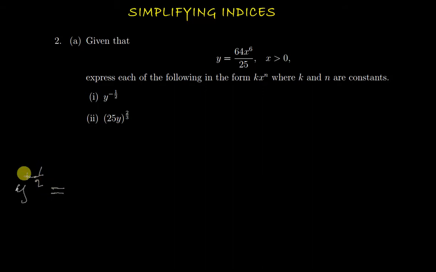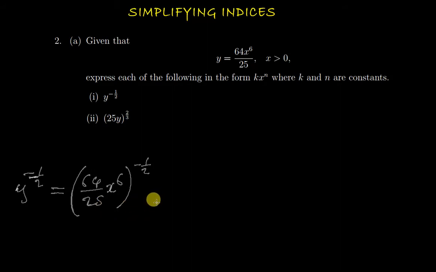This is just the same as, where there is y, we're going to put 64 x to the power 6 over 25. So we put 64 over 25, then x to the power 6. Then everything has been raised to the power negative half. So having found this, we can now simplify.